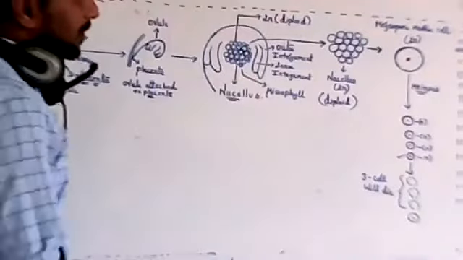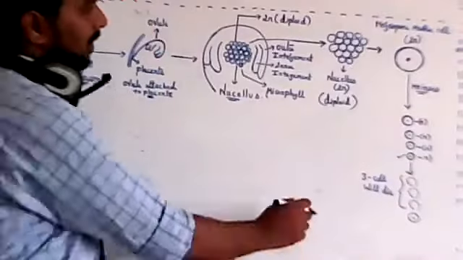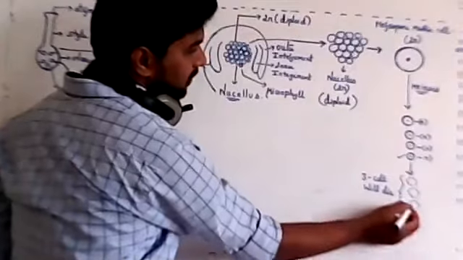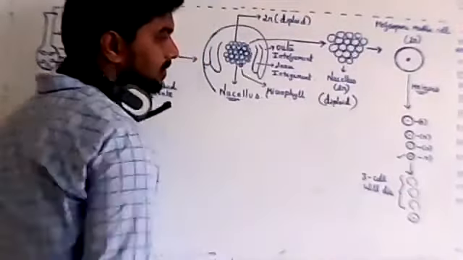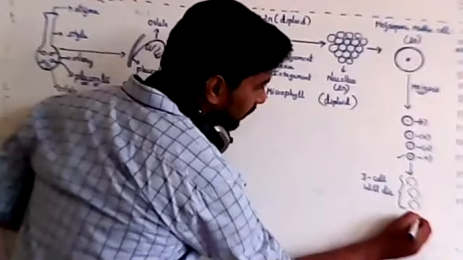So after one round of meiosis, 4 cells are formed, and out of those 4, 3 will die. Whichever cell dies, you can break it like this, and only one cell will survive.